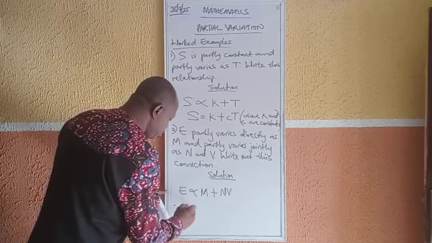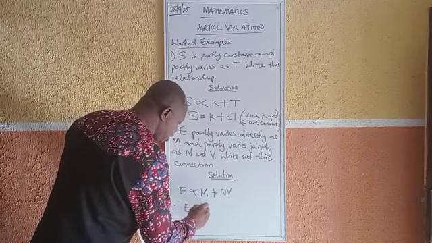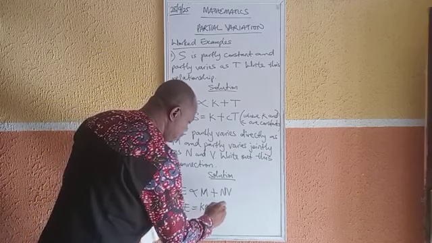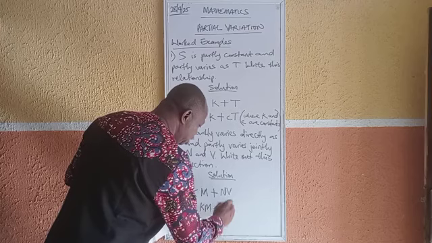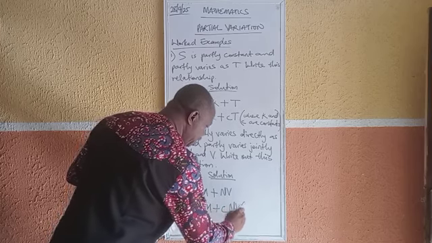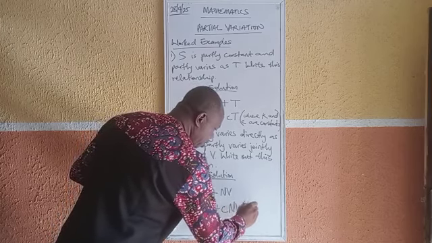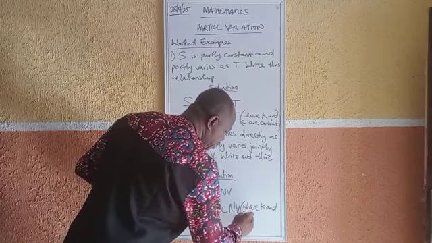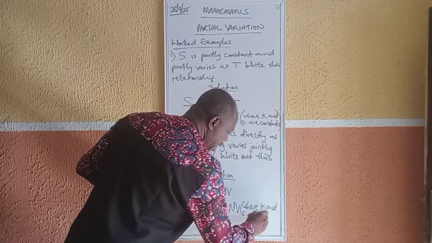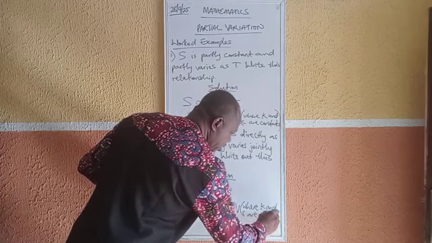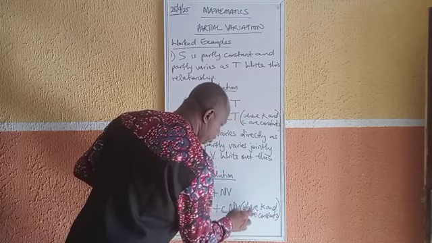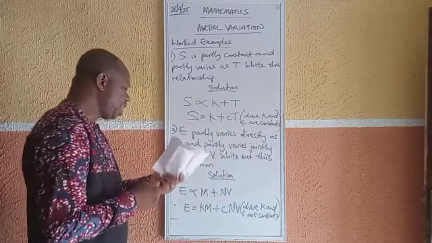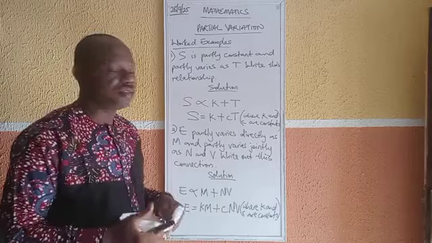We now say therefore E equals KM plus CNV, where K and C are constants.